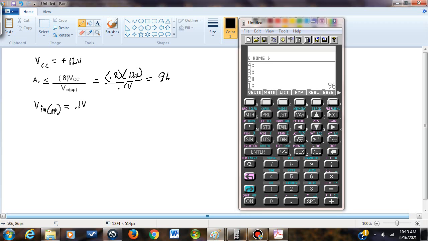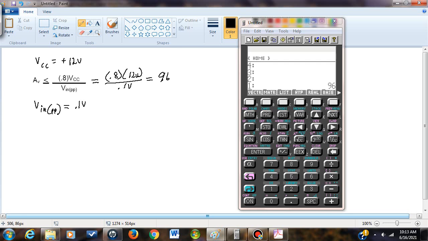Now this is the maximum gain that this amplifier stage could have, but again, as the gain increases, we're going to have an amplifier that could possibly be unstable. So let's follow the advice that we should keep the gain to about 10. This amplifier will have no problem having an amplification of 10, even though it could go all the way up to 96.